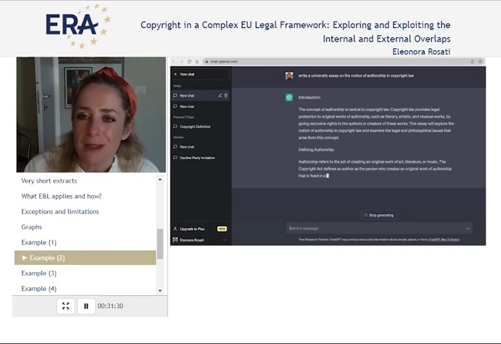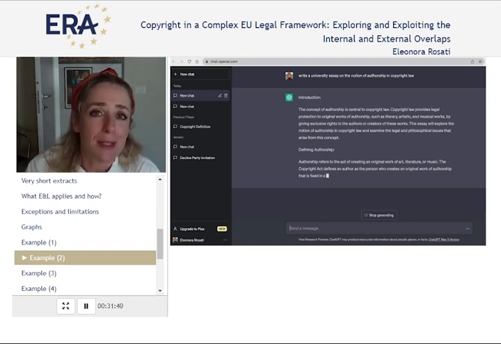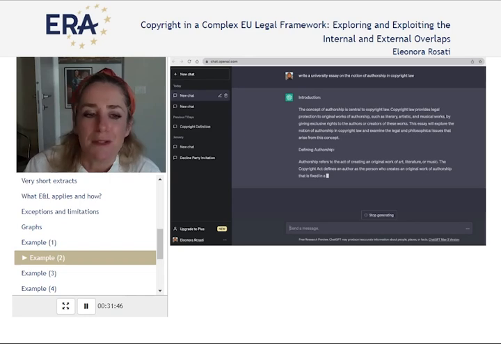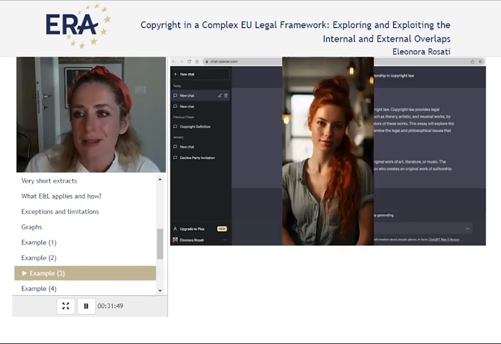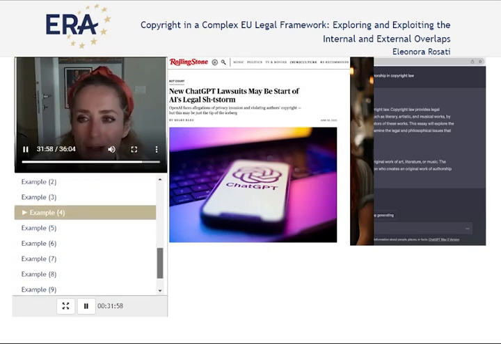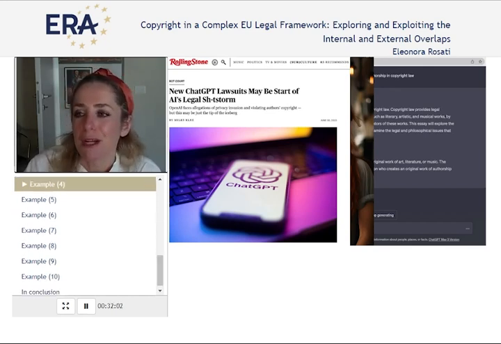And last but not least, of course, the rise of generative AI, which has been already discussed at some length, gives rise to new questions, and in particular to what extent an AI system can be trained on third-party protected content. So we've seen the sudden rise of ChatGPT, Midjourney producing excellent-looking content, and of course, with all these, the rise of litigation as well, which will be also discussed at greater length this afternoon.